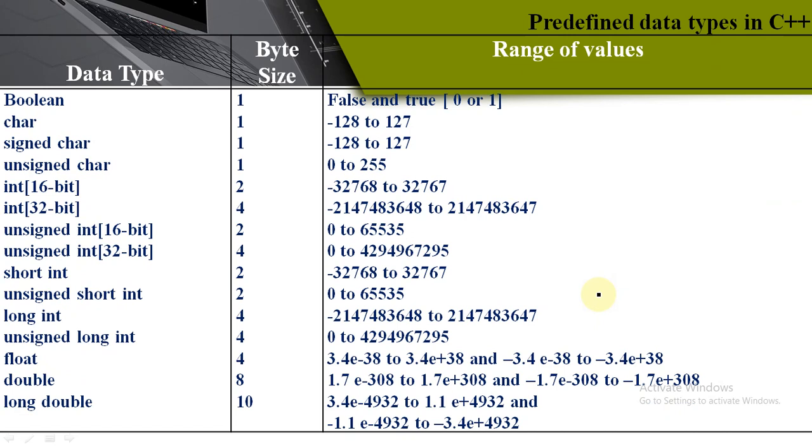Predefined data types. This is a data type and this is the range of values that it can hold. Boolean represents false or true. It requires 1 byte, that is 8 bits, 0 or 1. There is no place for -1 also. You should remember 0 or 1.